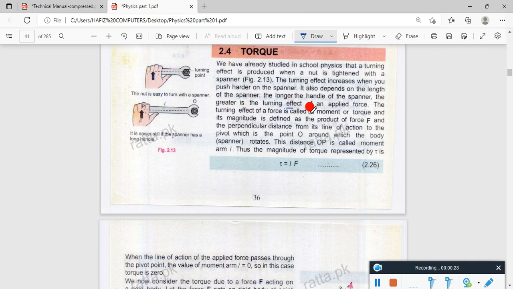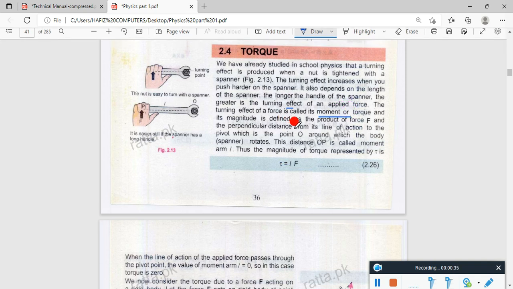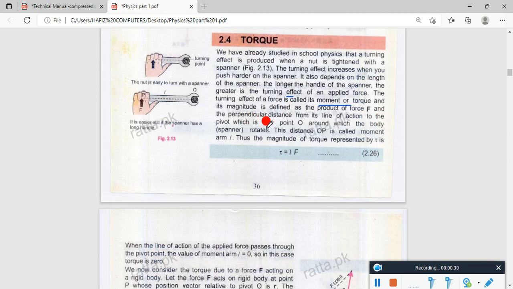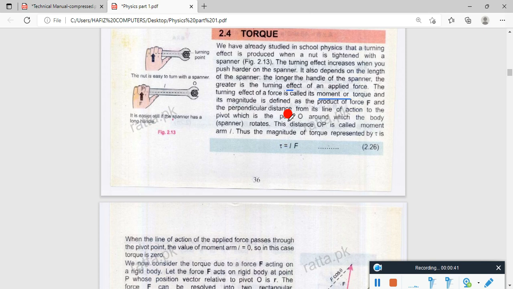The turning effect of force is called moment or torque, and its magnitude is defined as the product of force and perpendicular distance from line of action to the pivot, which is the point O around which the body rotates.